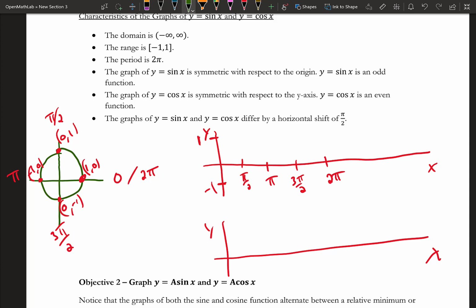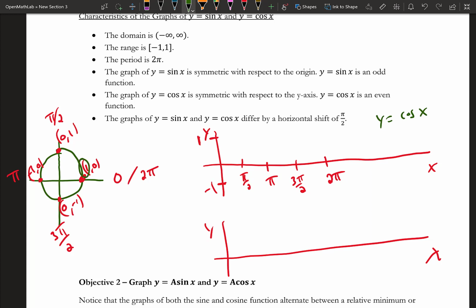So, looking at this, if I want to graph, let's say y equals cosine of x on the top one, then I'm looking at the x coordinates on the unit circle. So when I plug 0 into x, I'm going to get 1.